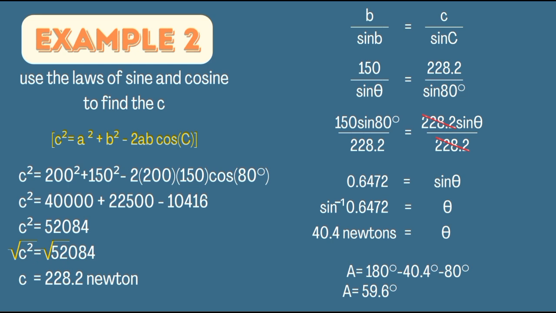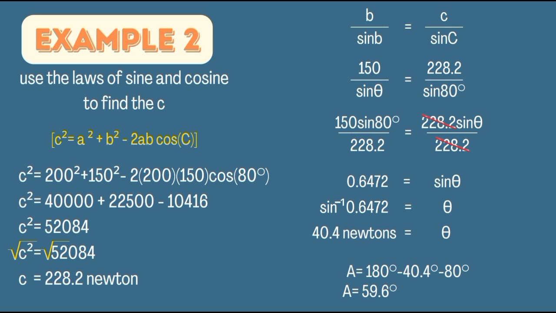And for the angle, 150 over sin theta is equal to 228.2 over sin 80. So, 150 sin 80 divided by 228.2 is equal to 0.6472, which is equal to sin theta.